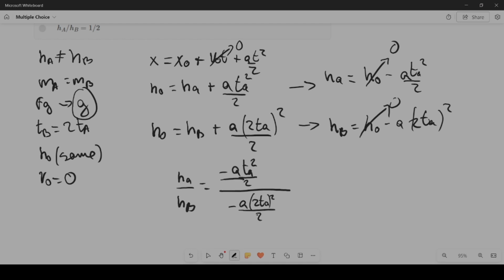Now all these variables cancel out. It's 2, this negative, and we get tA squared over, now (2 tA) squared is the same as 4 tA squared, and the tA squared cancels out, so we have that the ratio is 1/4.